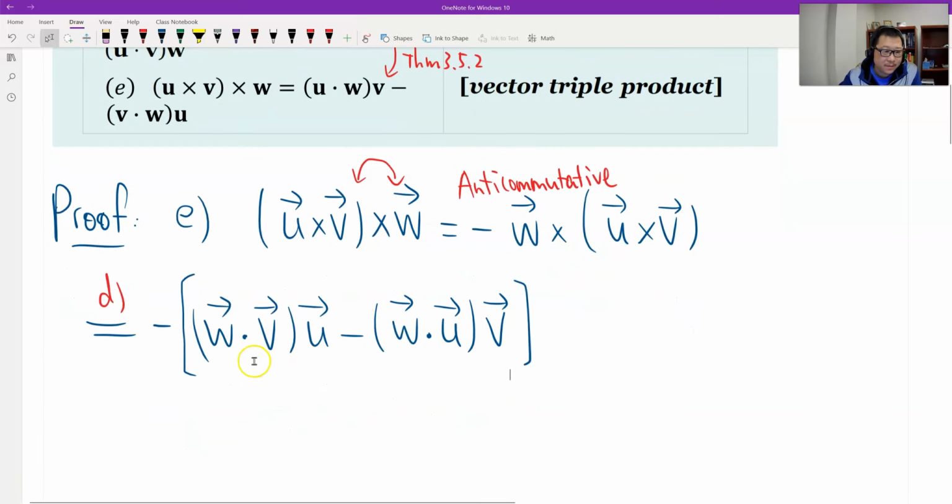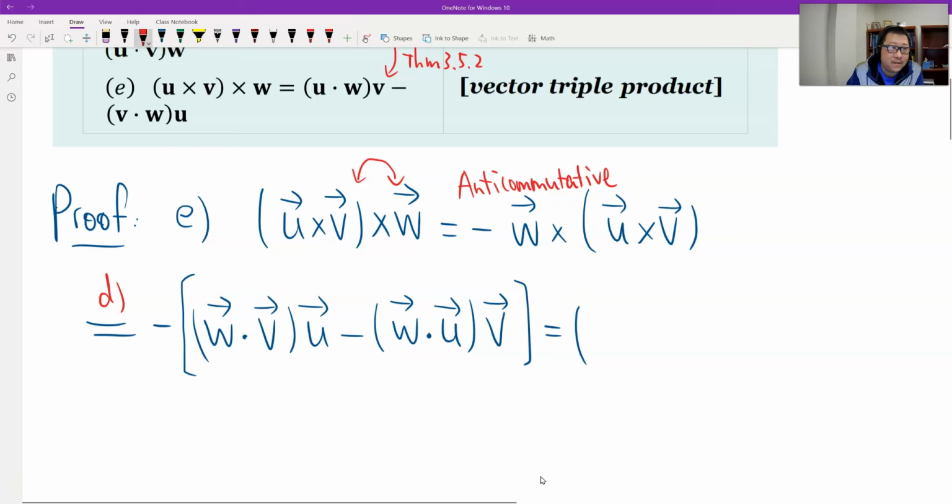I think you're almost right. So we need to get U dot V and U dot W. U dot W is here. It's easy, you just distribute. Therefore, we have the results already. Negative, make it positive, and then W dot U is U dot W, commutative.